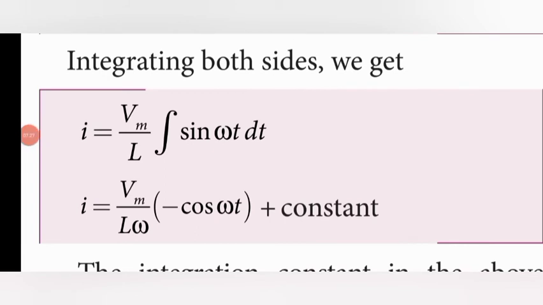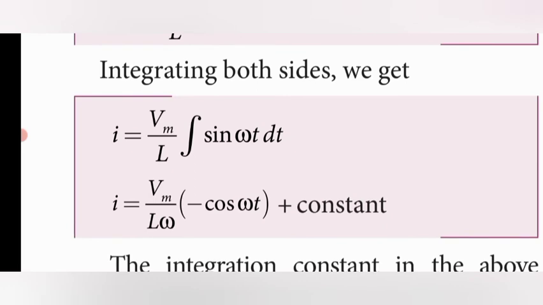Integrating on both sides, we get I is equal to Vm by L, which is a constant value and is taken outside, and inside the integration part, the integration of sin omega t dt. The integration of sin omega t dt is minus cos omega t plus a constant, divided by omega.